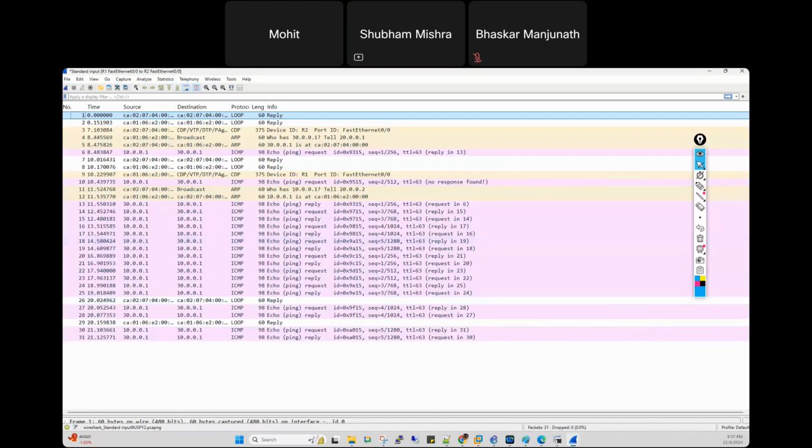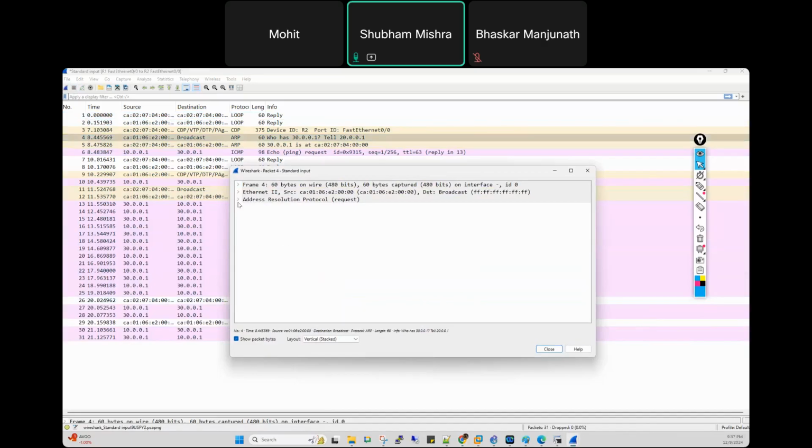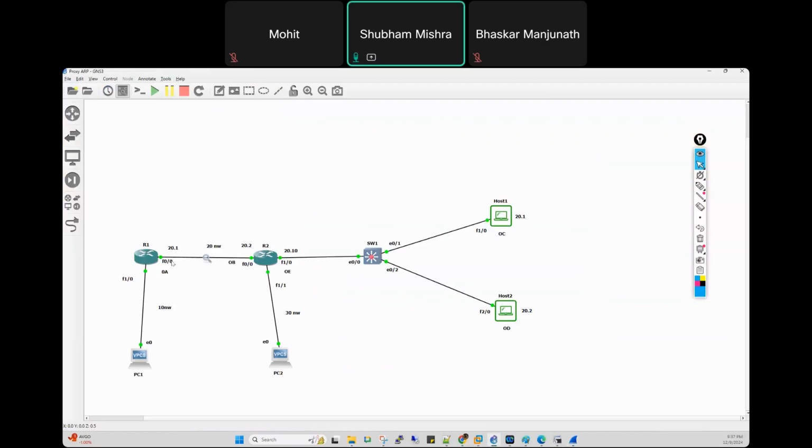See one thing. Let me open this ARP. Who generated the ARP? The sender is 20.1. Who is 20.1? That is the 20.1.